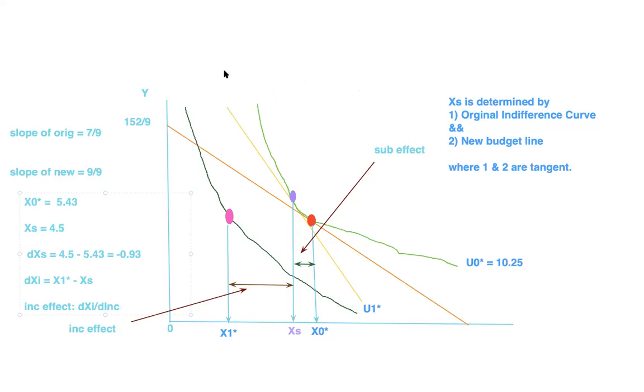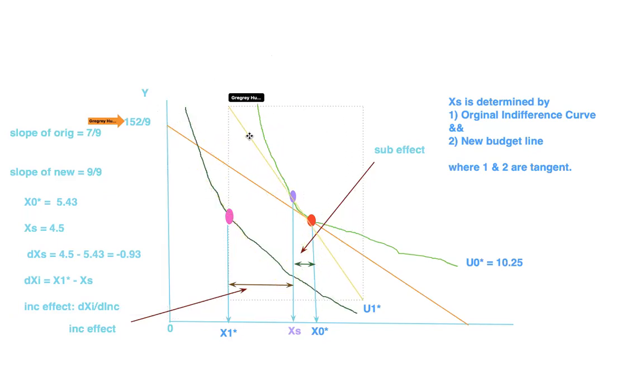To be clear, only if we went through the trouble, and this is why I did it before for another class, only if we went through the trouble to use the point slope form of this equation to find out, remember on the vertical intercept we have the income associated with this line, right? 152 divided by 9. And for the new one, it's 152 divided by 9 also, right?